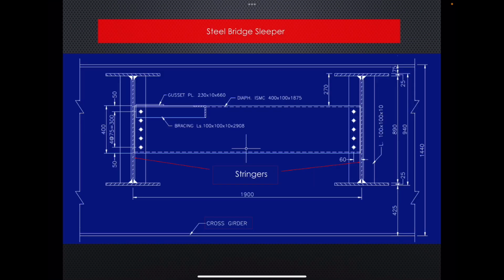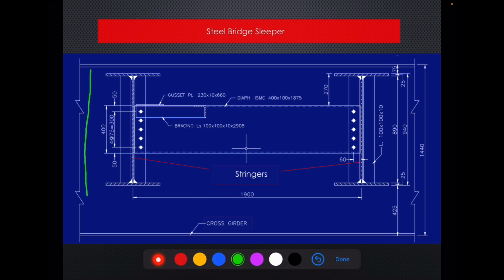Then I would like to show you with the help of this drawing. So this entire thing is a cross girder basically. Here it is written cross girder. This is the bottom flange. This is the top flange of the cross girder. On this cross girder, two stringers are getting attached. This is one stringer.